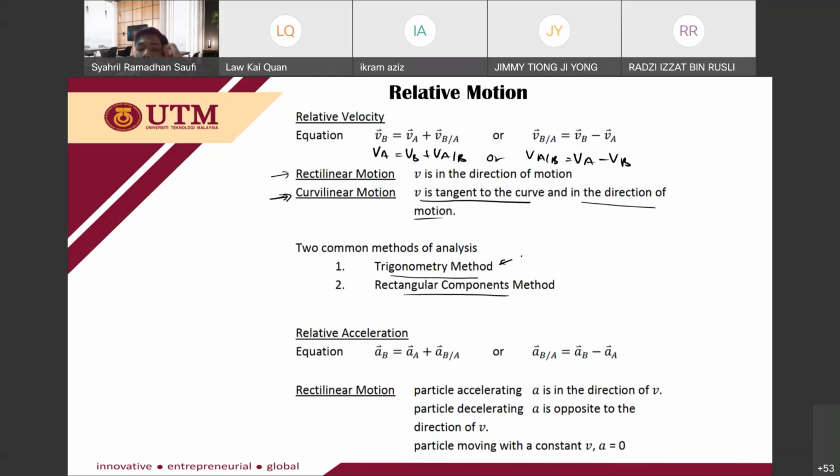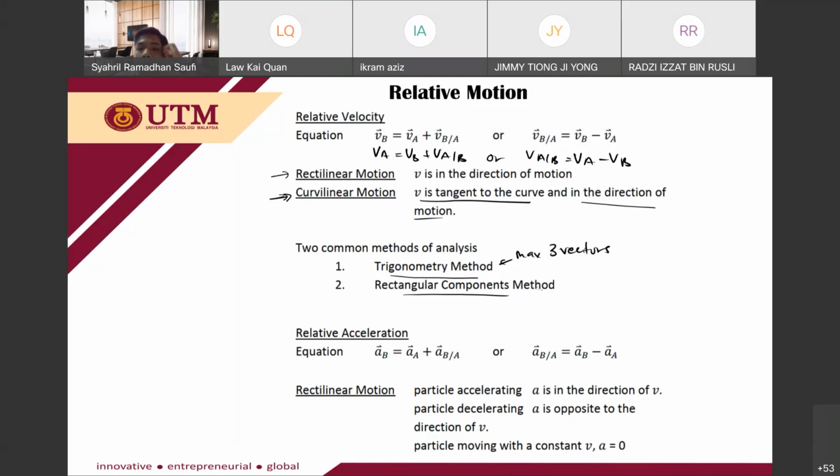So the maximum for this method should be three vectors only. For the rectangular method, it can be more than three vectors. If in the analysis you have more than three vectors, then you need to use the rectangular method. If you have three or fewer, then you can use trigonometry.